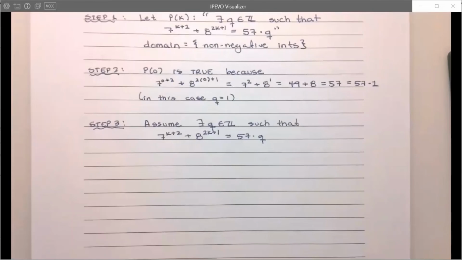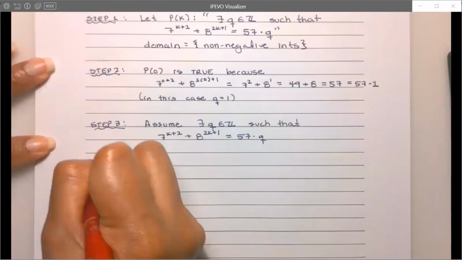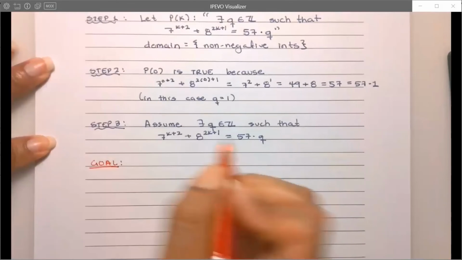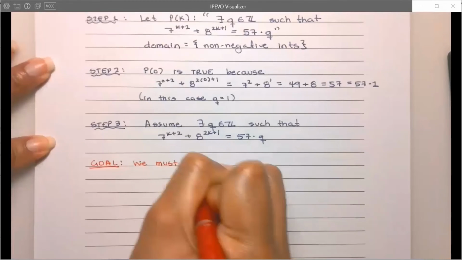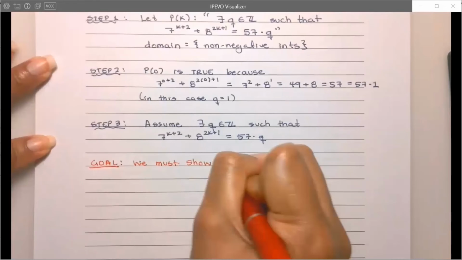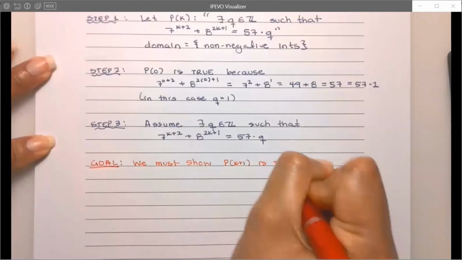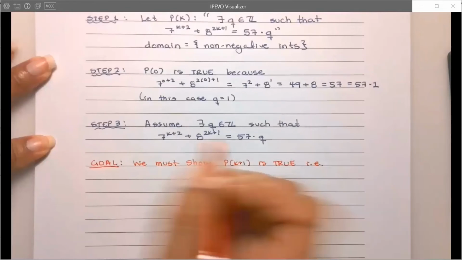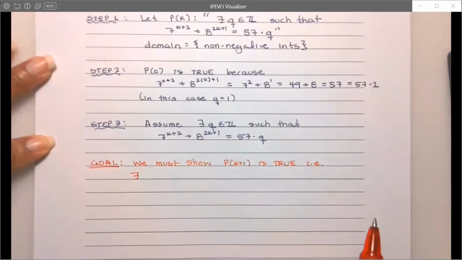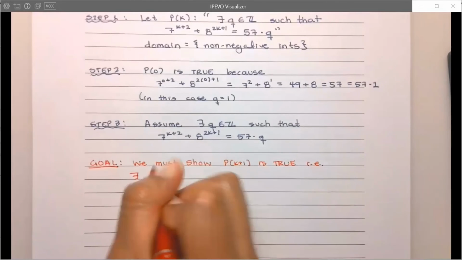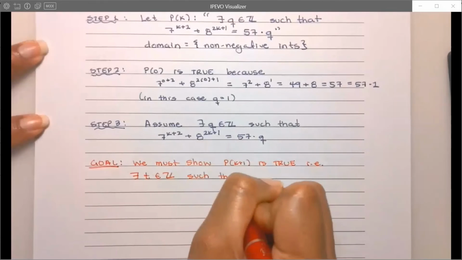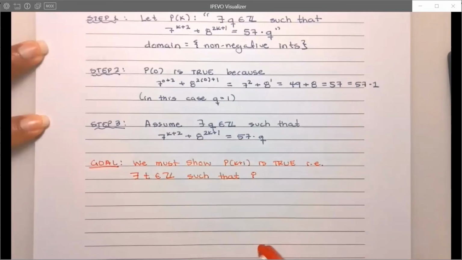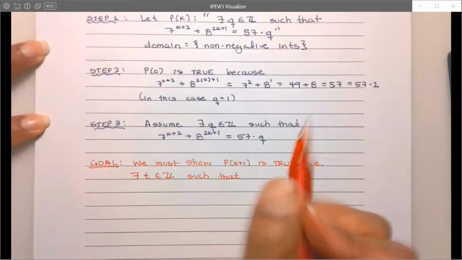Now, what is our goal? Well, the goal is always to show that P of k plus 1 is true. And so we must show P of k plus 1 is true, i.e. that there exists some other integer, so let's just call this integer t, such that 7 to the, now k plus 1 plus 2, so that would be k plus 3.